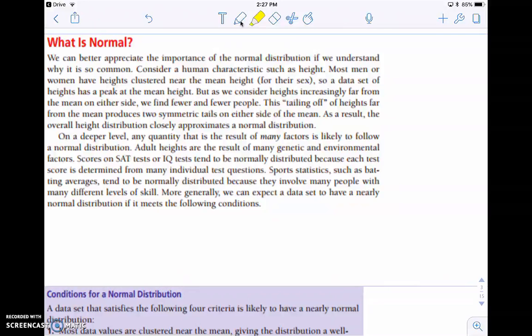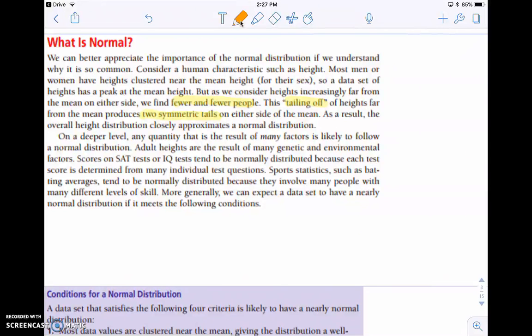But as we consider heights that are increasing or decreasing far from the mean, on either side, we find fewer and fewer people. This is what we call tailing off, and it produces two symmetric tails on either side of the mean.